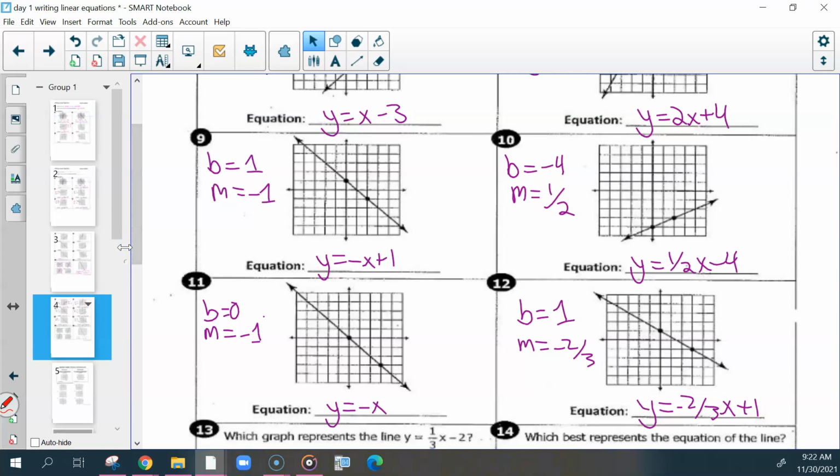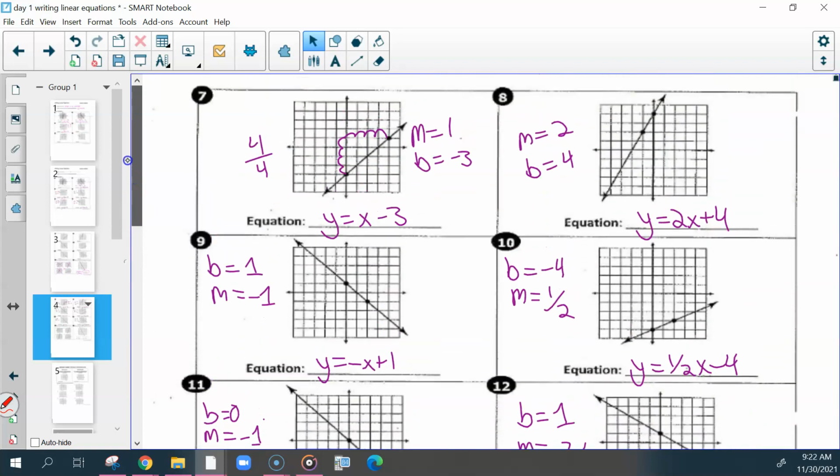The equation was y equals 1/2 x minus 4. Before I scroll down, do we have questions on those 4? We get those right?